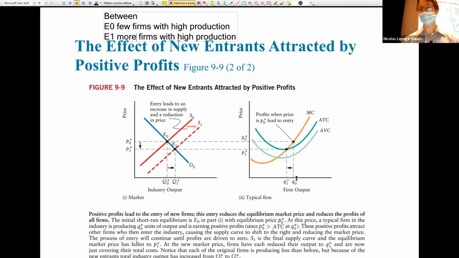The production went from Q0 to Q1, so each single firm has a lower production. As a whole, the higher number of firms outweighs the fact that each firm produces a bit less. So on aggregate, capital Q1 is larger than capital Q0. But for any single firm, the Q1 is actually lower than Q0.